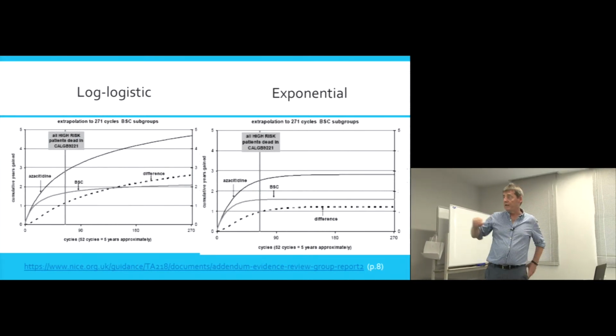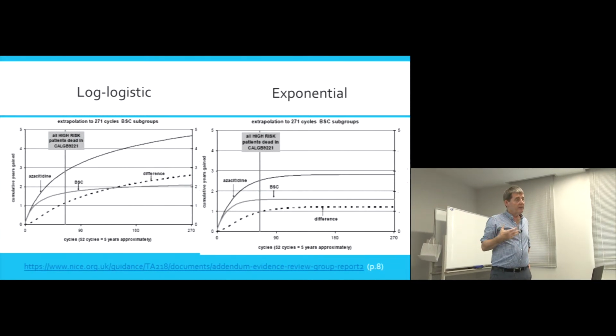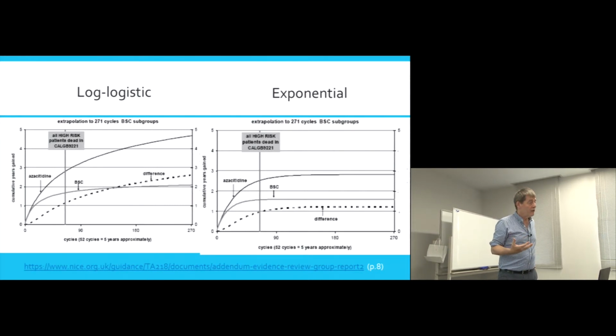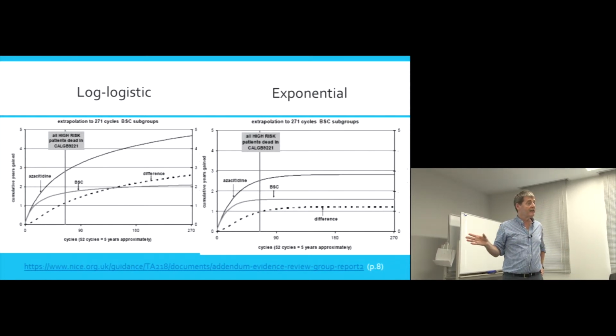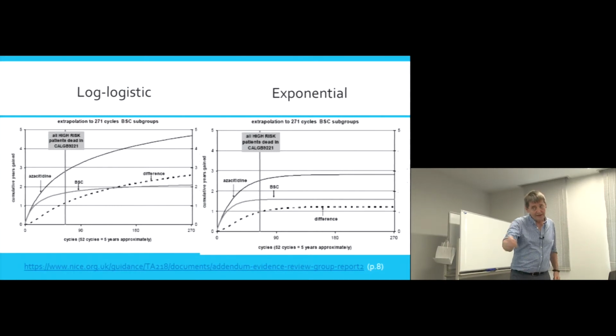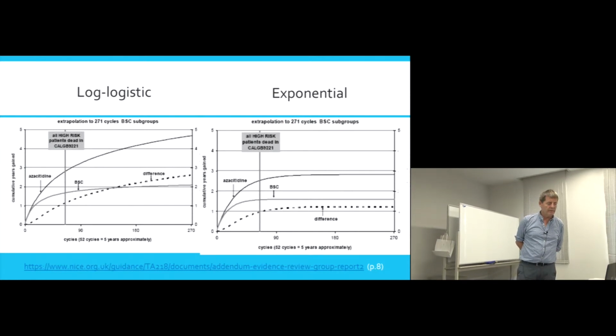Now, this difference, this dotted line, is going to be the main driver of a difference in QALYs between those who get best supportive care and those who get azacitidine. We haven't allowed for the quality adjustment yet. We haven't allowed for what health state the patients are in. But a main driver of the QALY difference between those who get best supportive care and those who get azacitidine, these life years are going to be the main driver.